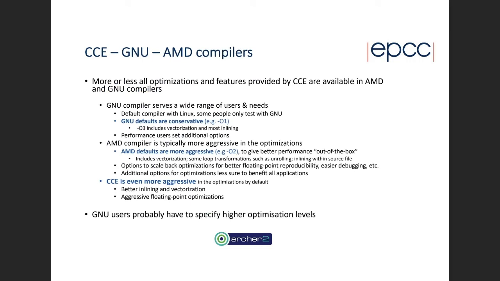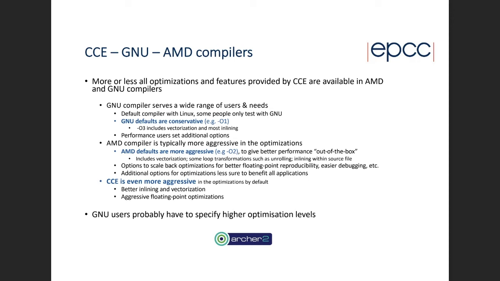On Archer 2, we have these three sets of compilers available: the Cray compilers, GNU compilers, and AMD compilers. GNU is quite widely used, and some codes will only build with it. But the default optimization is pretty conservative, so you almost certainly want to crank that up.